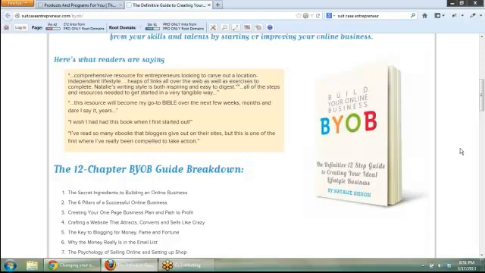People can see, if I buy this book, this is what's going to happen. I'm going to be able to get these types of results. And that makes it even more powerful.